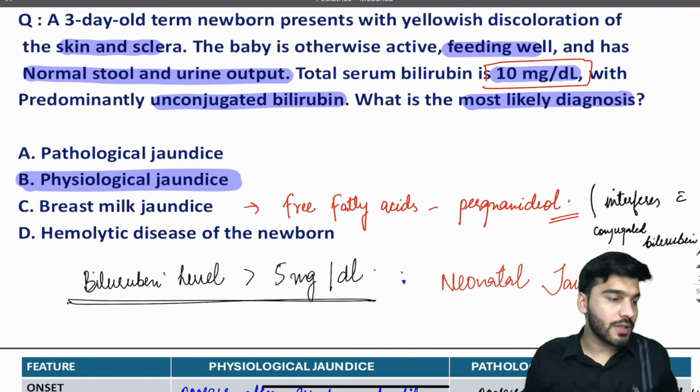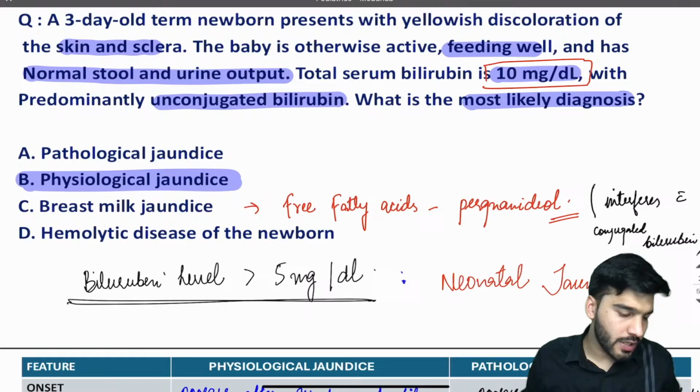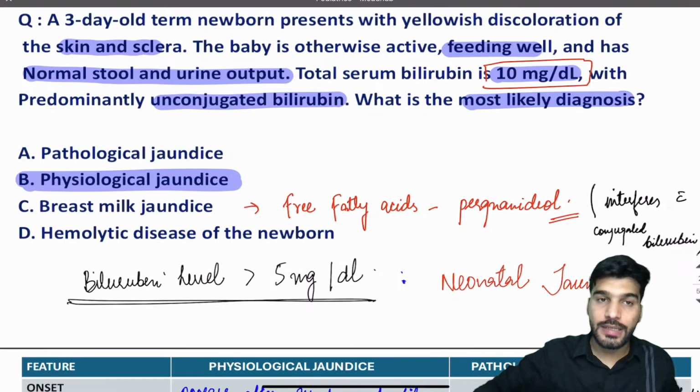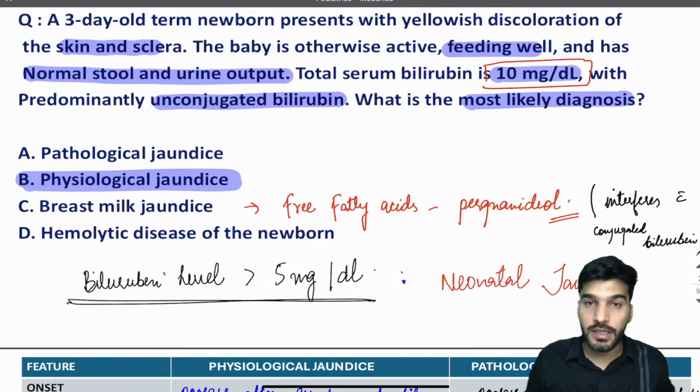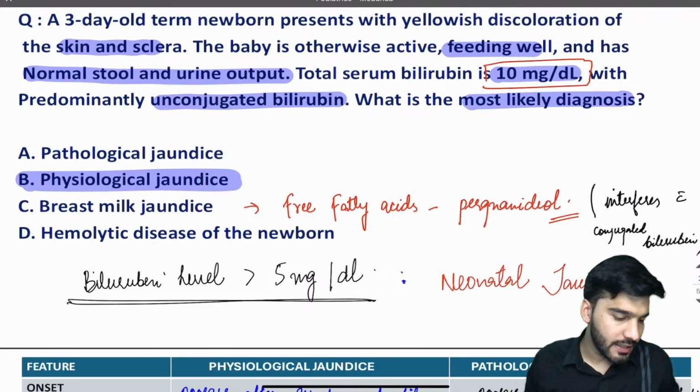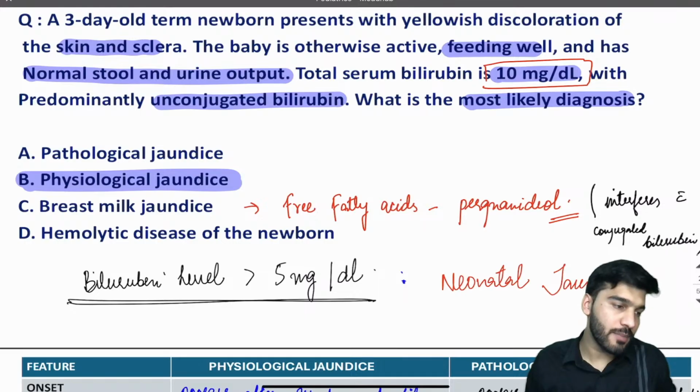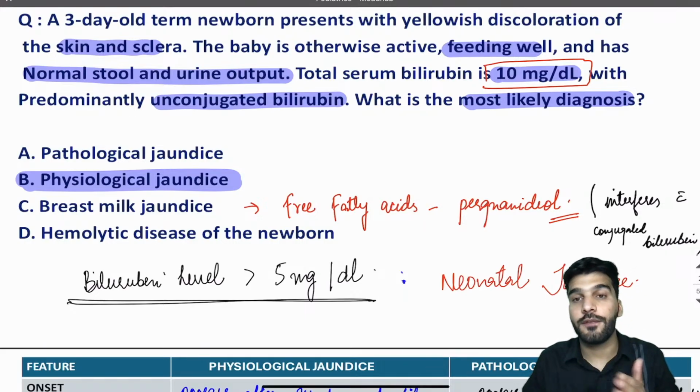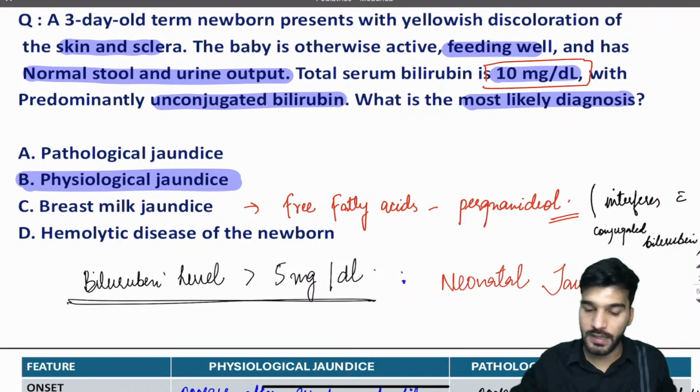Is that clear? So that is breast milk jaundice. What exactly do you have to do? How to treat this breast milk jaundice? Continue the feed, but if it goes more than 20 mg per deciliter, then you have to treat accordingly and withhold the breastfeeding. Continue the breastfeeding in breast milk jaundice, but if it goes more than 20, withhold the breastfeeding.